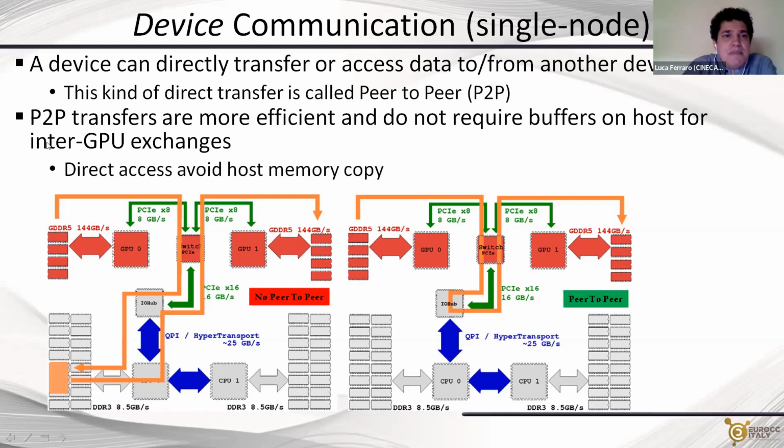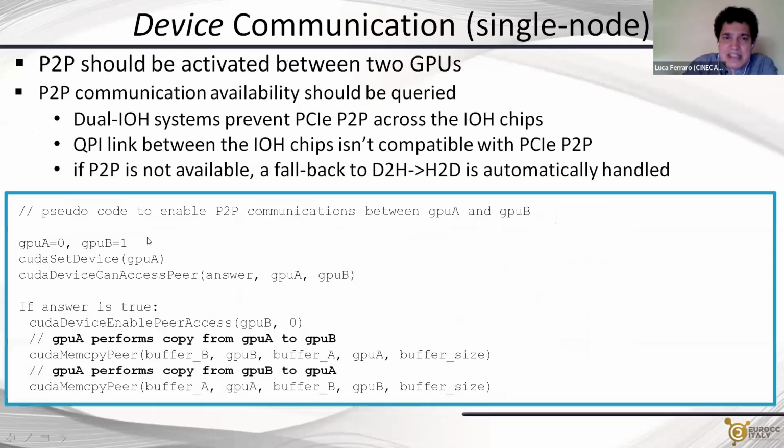The peer-to-peer transfer is more efficient since it doesn't transfer data through the host memory, but directly from one device's global memory to the other. But sometimes this peer-to-peer exchange is not available.